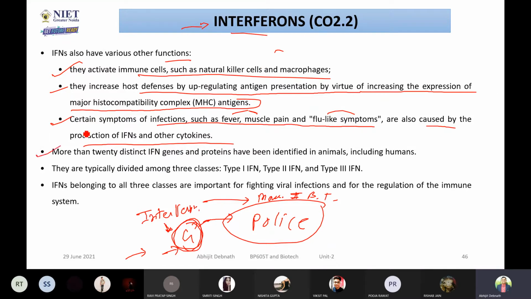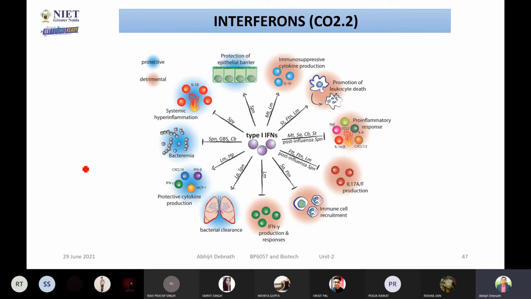So more than 20 distinct IFN genes and proteins have been identified in animals, including humans. And typically they are classified in different ways, like type 1, type 2, then type 3. So IFN or interferons actually belong to all three classes and are important in fighting viral infection. So this is a very good picture of type 1 IFNs.